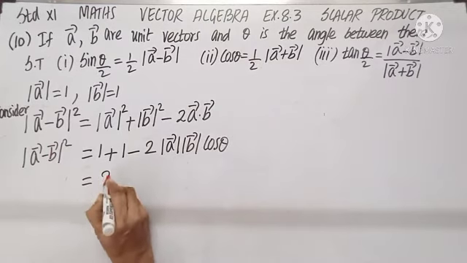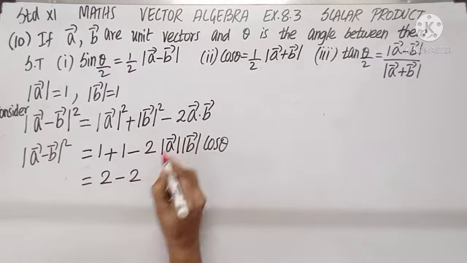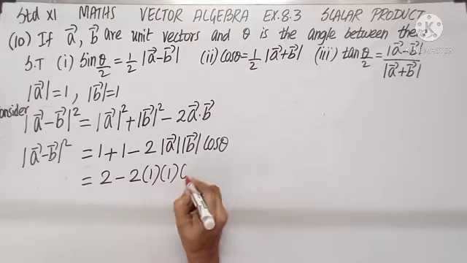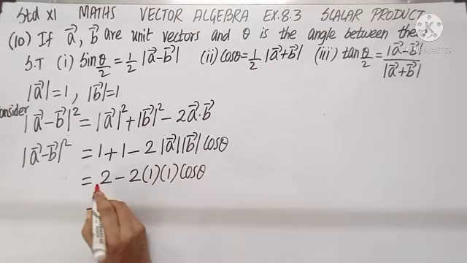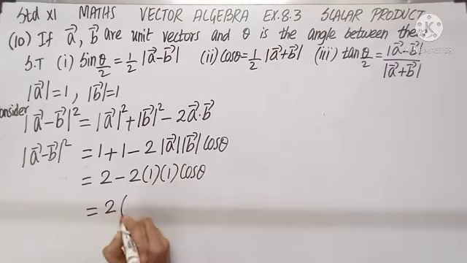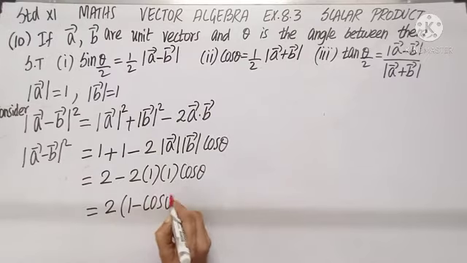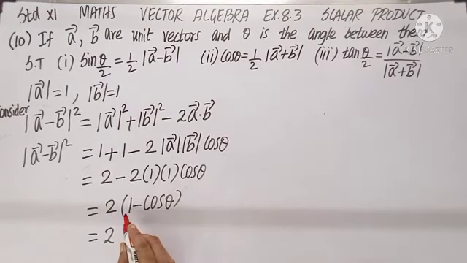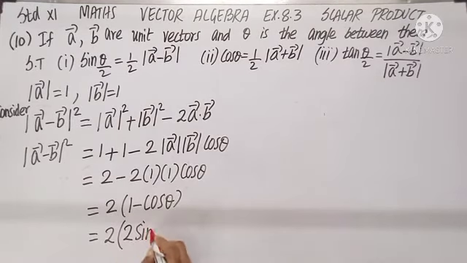1 plus 1 is 2, minus 2 times mod A, which is 1, mod B, which is 1, into cos theta. In both the terms, 2 is common. I can write 1 minus cos theta. Let us recall the trigonometry formula: 1 minus cos theta is 2 sine square theta by 2.